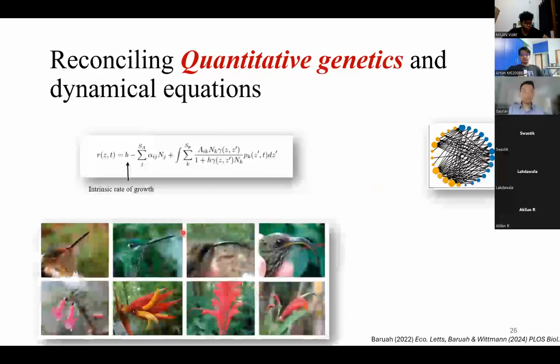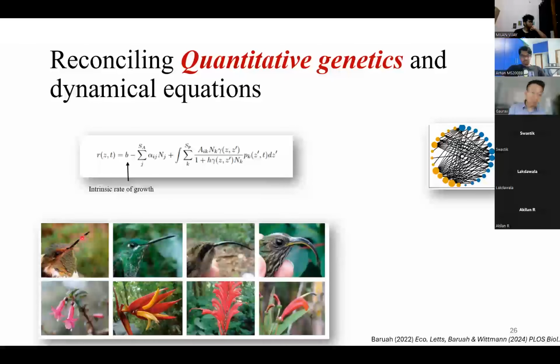What I mean by this is, for instance, this particular hummingbird, which has, let's say, a beak depth of some 5 or 6 centimeters, will not have a successful mutualistic interaction with this particular plant phenotype because it is bent, and that's why it's very difficult. There will be some kind of benefit, but the interaction strength should be low.